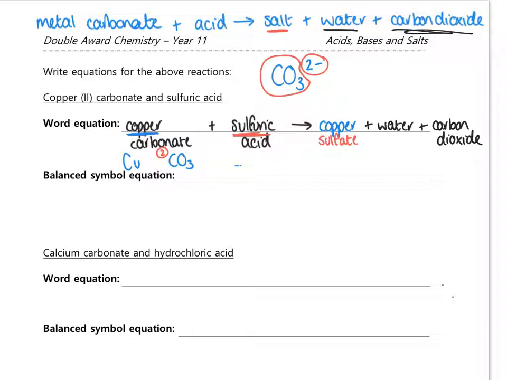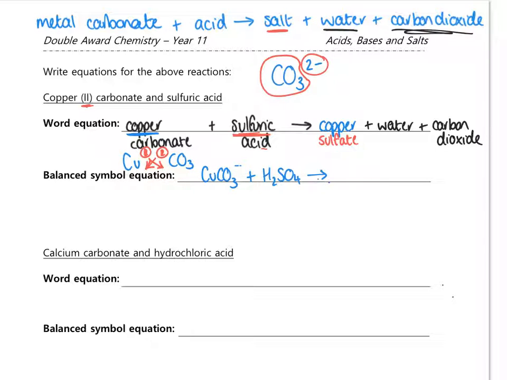With copper, it's in the transition metal block, so it doesn't have a group number. What you can do is look at the back of your periodic table and see that it's 2+. But also in this example, we're given the number in brackets. That represents the valency, which is 2. So finding your valency is the next step. We can see that our ratio here is 2 to 2, which we can cancel down to 1 to 1. When we swap and drop that, the ones are just going to cancel, and so copper carbonate is just CuCO3. Sulfuric acid, you should know by now, is H2SO4.